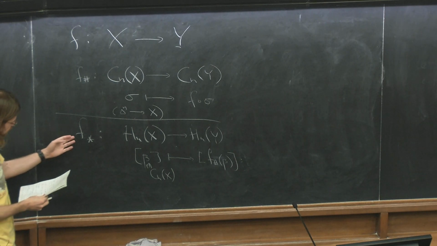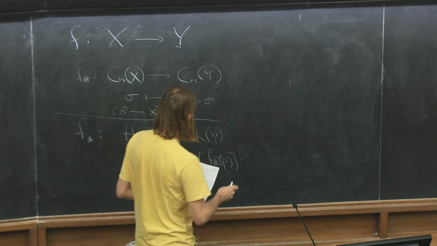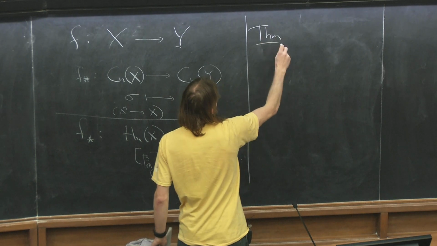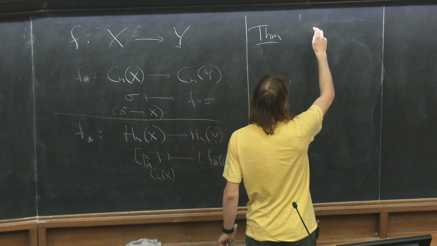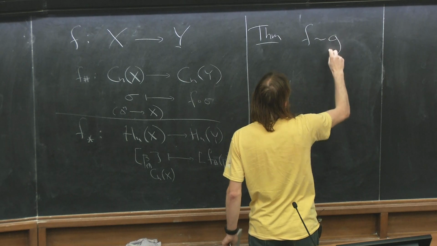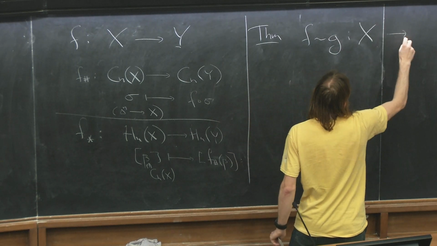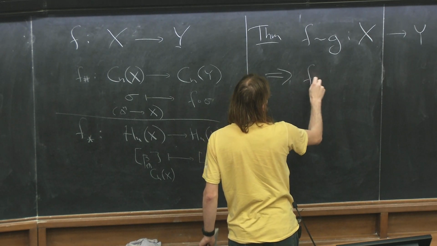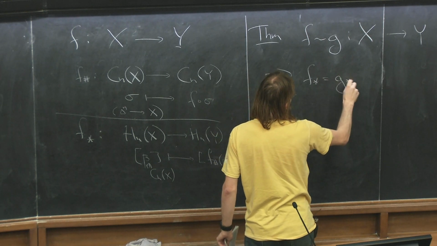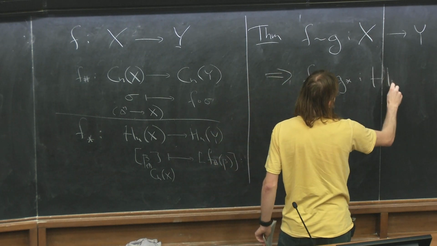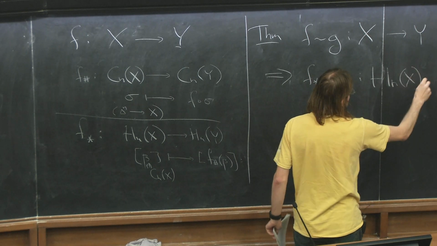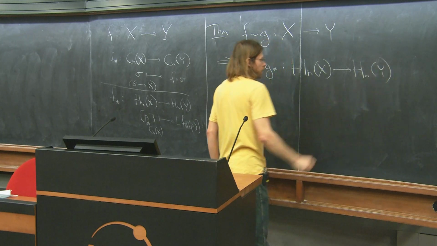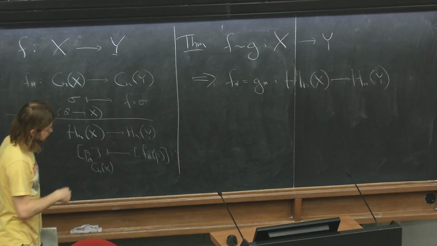Then we showed various properties of this pushforward map, and in particular we started to prove the theorem which tells us that if you have a pair of homotopic maps from X to Y, then the pushforwards are just equal, the same homomorphisms.